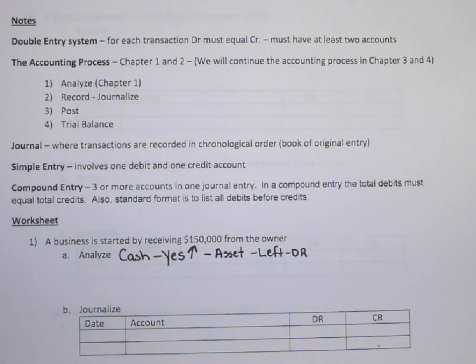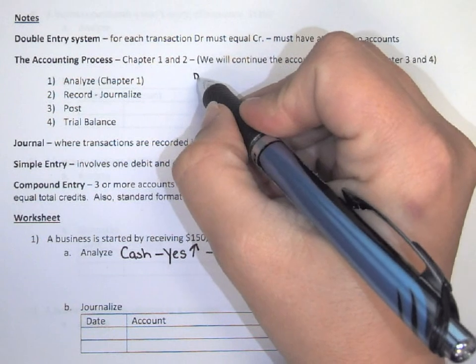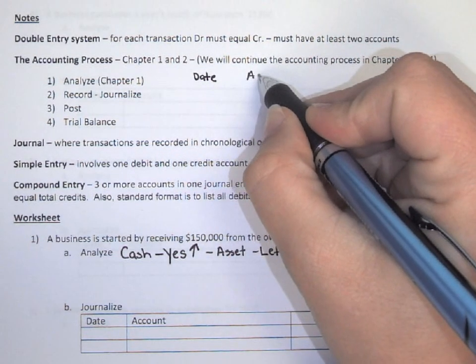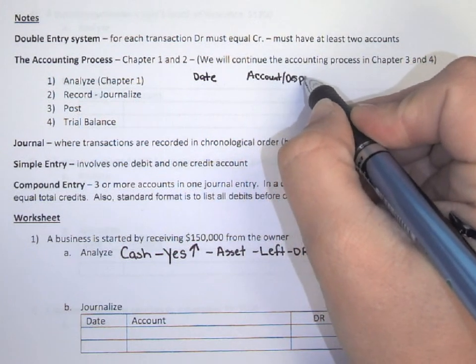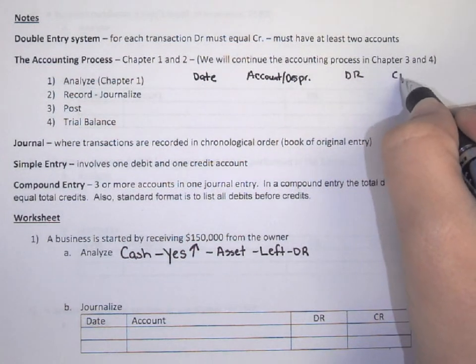Now I do have a cheat of sorts when cash is involved in a transaction, because of the way we create journal entries and the way they look. You have a date field, a description, or I'm just going to call it an account right now, and then you have the debit and the credit field.